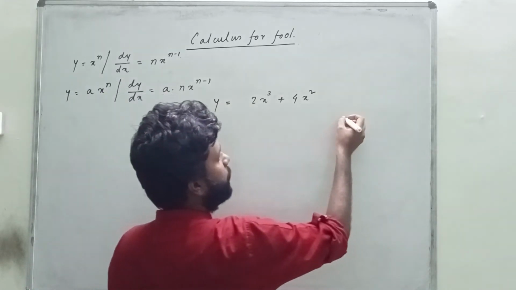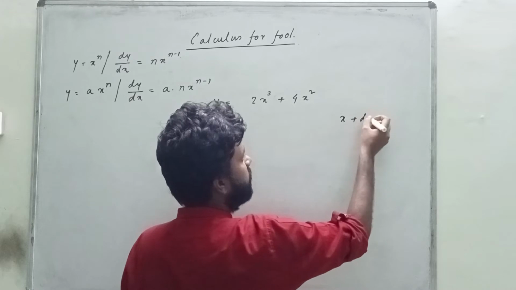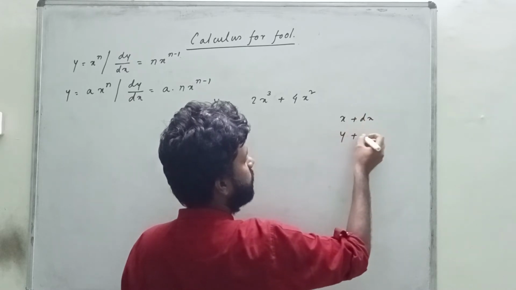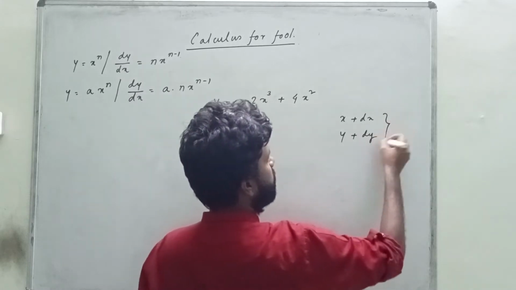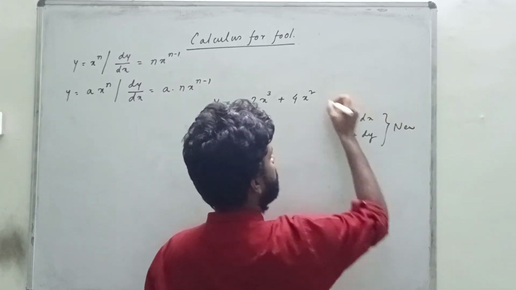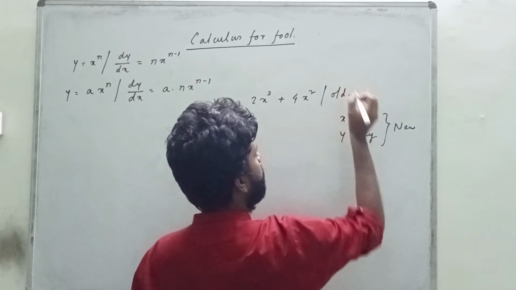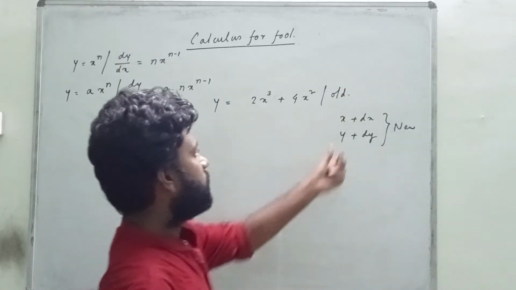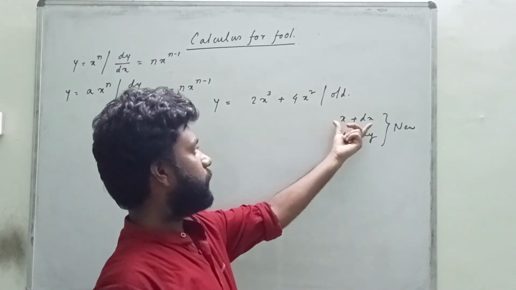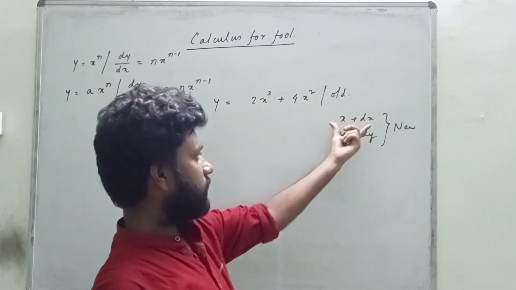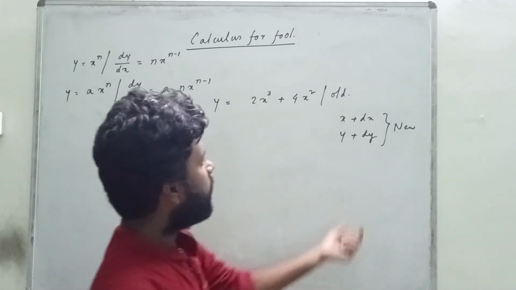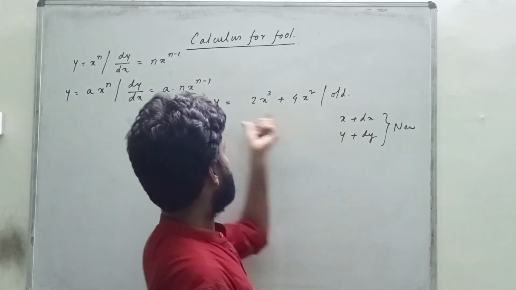If the new x becomes x plus dx and the new y becomes y plus dy, it is a new relationship, right? It's an old relationship. And if we just plug the new relations in here, instead of x write x plus dx, and instead of y write y plus dy.